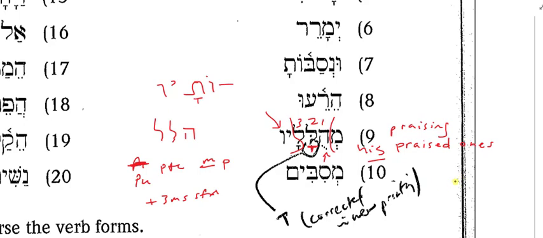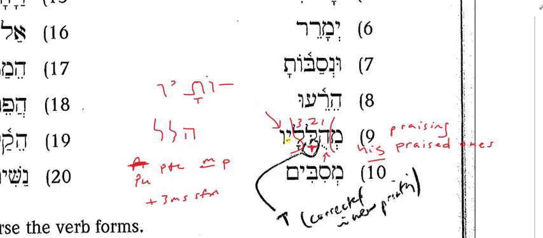Is there another possible translation for this kind of participle use? Because I'm used to thinking of it like praised ones or something like that, but I feel like I could get caught in that. Well, okay, so clearly the use of this participle is substantival, right? The other two uses are attributive and predicate uses.